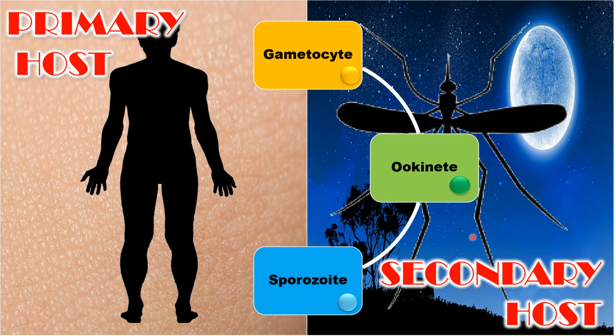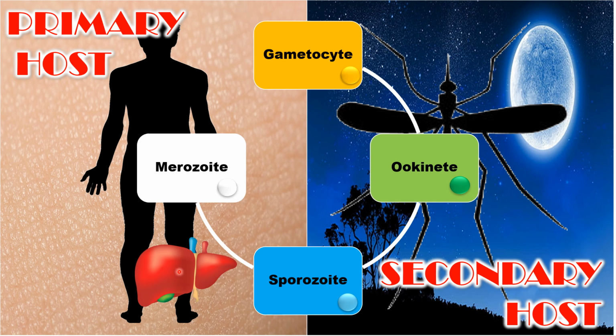Then, when this infected mosquito bites a healthy person, the sporozoite enters the blood of that healthy person and travels to the liver. In the liver, the sporozoite carries out asexual reproduction to form haploid merozoites, which are mature parasites.